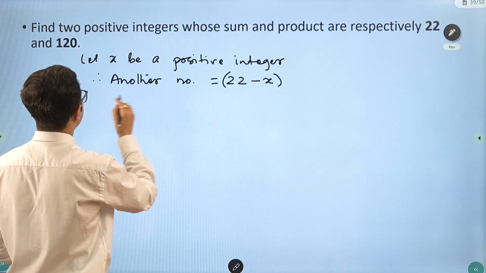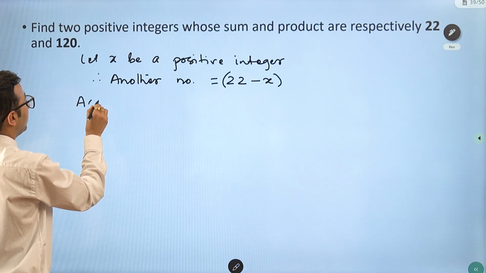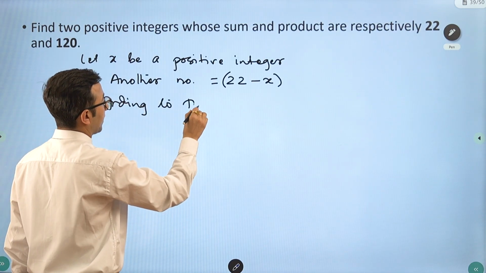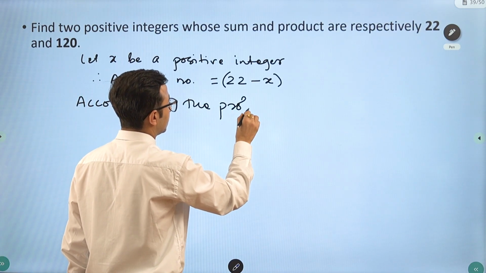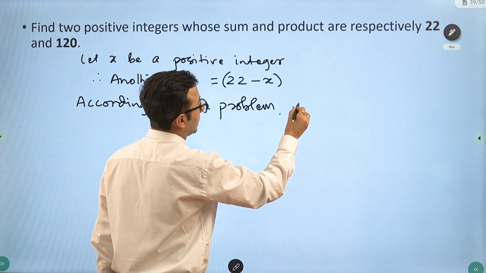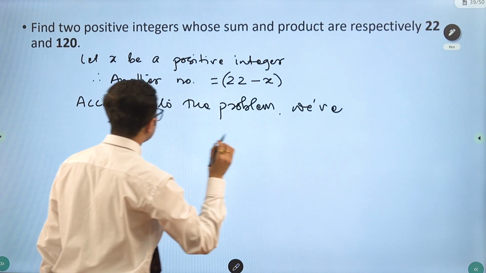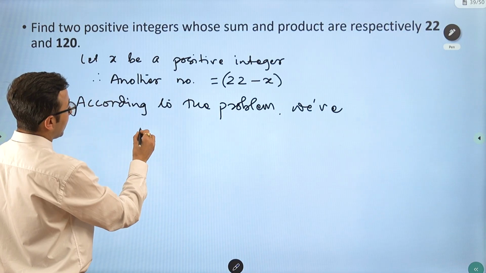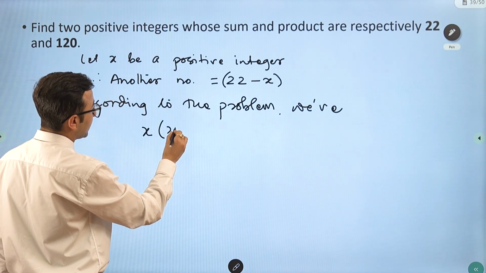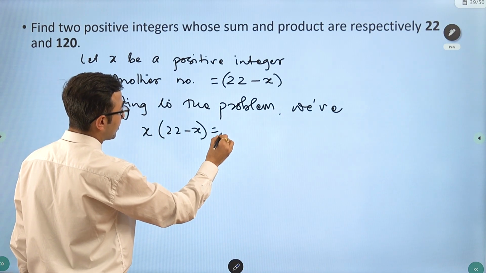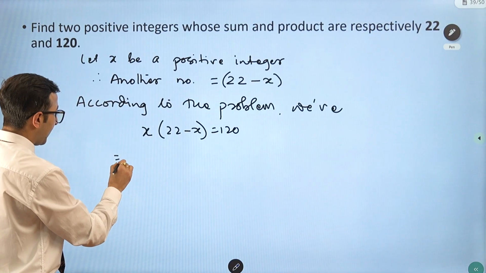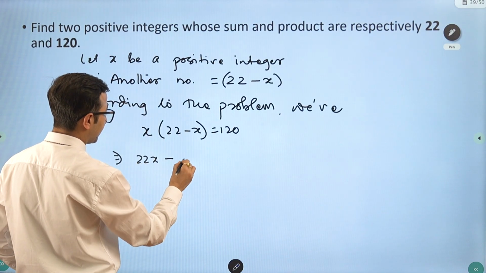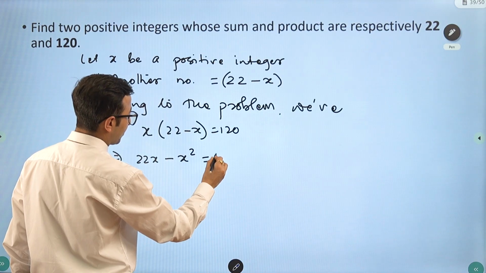So here, according to the problem, the product of the numbers is 120. That means x into 22 minus x is equal to 120, which implies 22x minus x square is equal to 120.